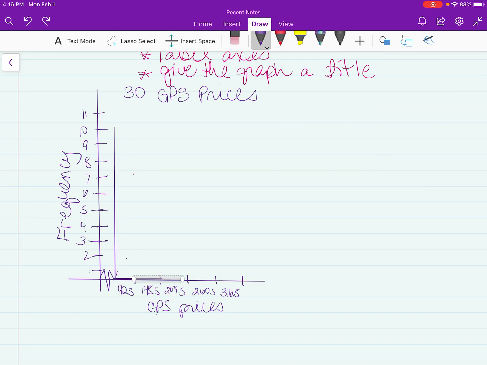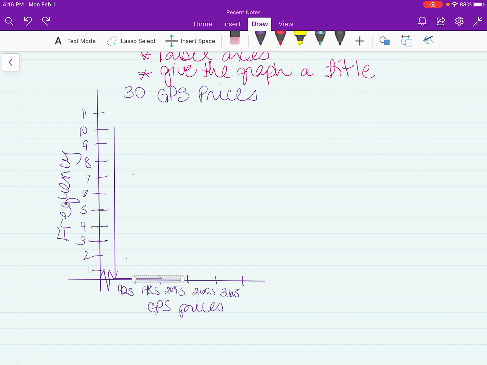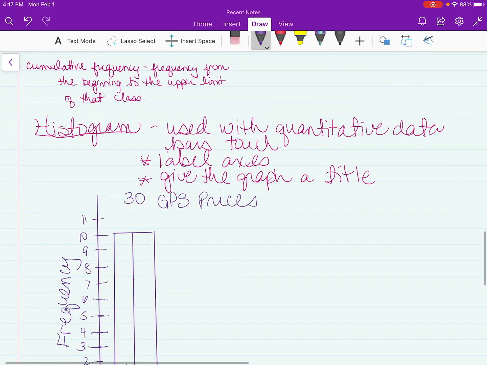Oops. My second bar also goes up to 10, so I'll go ahead and do that bar as well. My third bar goes up to 7.